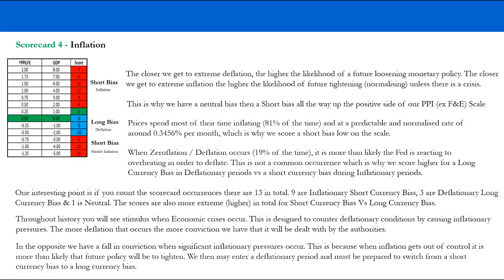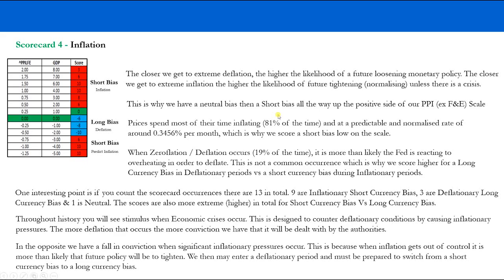We have a neutral bias, then a short bias up the positive side of our PPI ex food and energy scale. We know that prices spend most of their time inflating, 81% of the time, and at a predictable and normalized rate of around 0.35%, which is why we score a short bias but low on the scale.